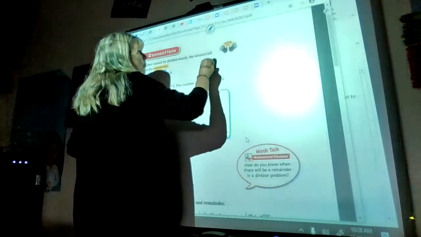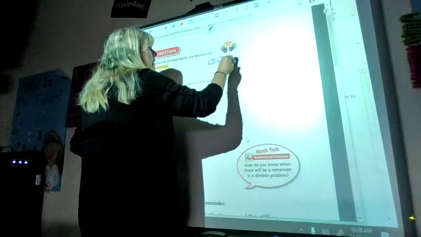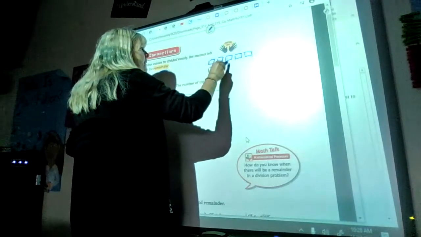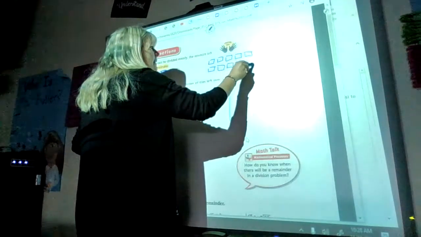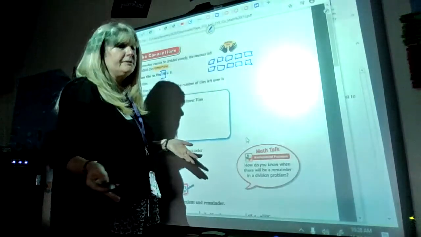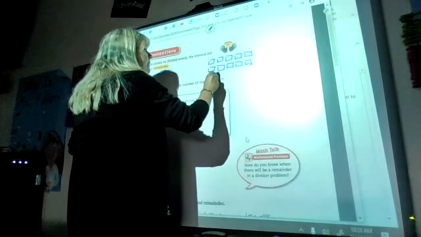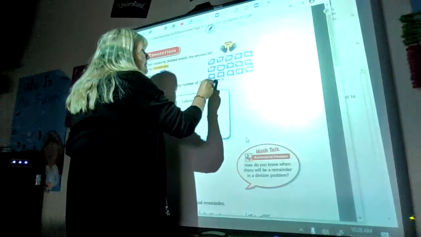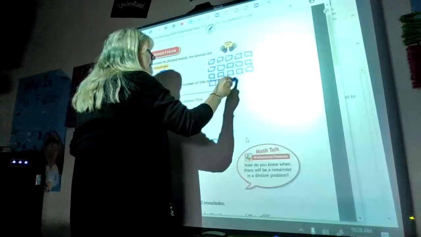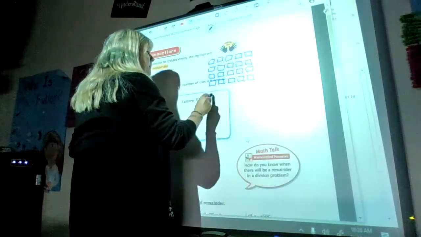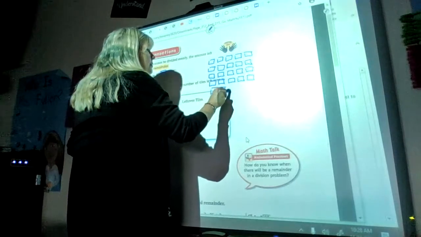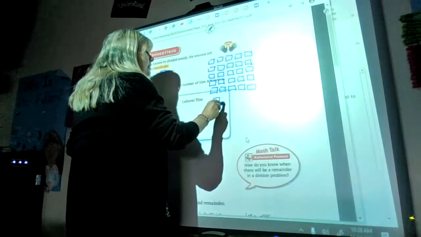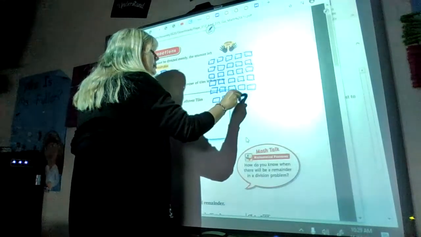So I've got 29 tiles and I'm going to put them in groups of 5. So here's 1, 2, 3, 4, 5, 6, 7, 8, 9, 10. Remember, I'm putting them in groups of 5. 11, 12, 13, and so on up to 29.